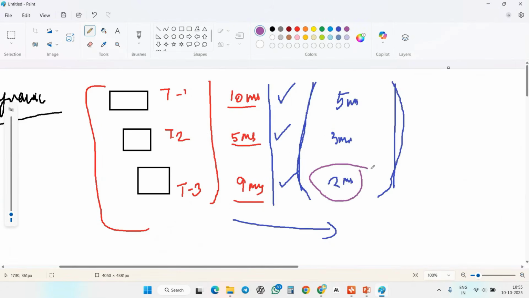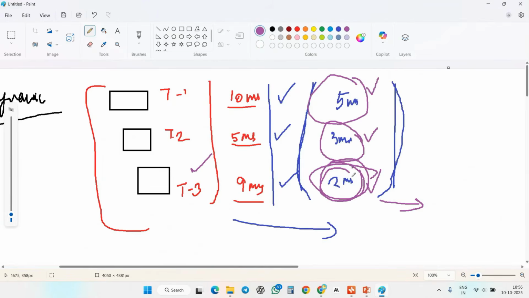Which one will be done very soon? Only 2 milliseconds are needed to complete that task. So it does that task first, then the 3 millisecond task, and then goes to the 5 milliseconds.